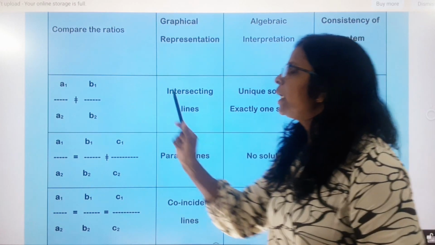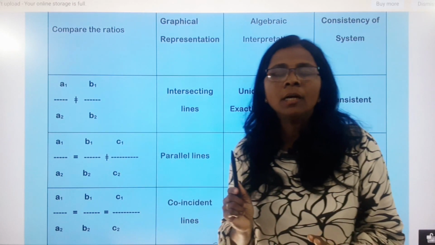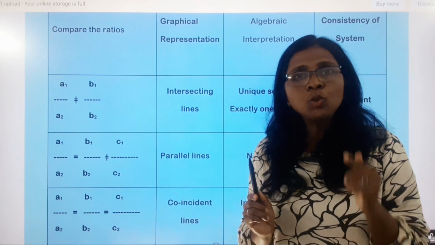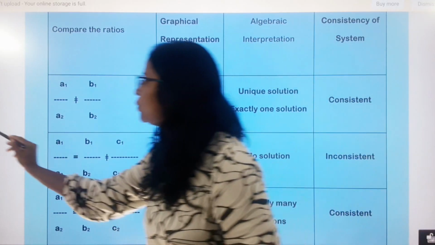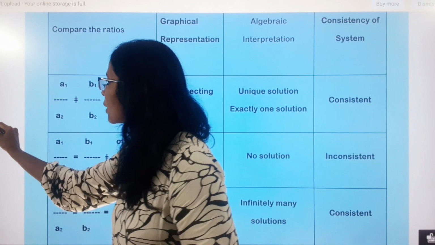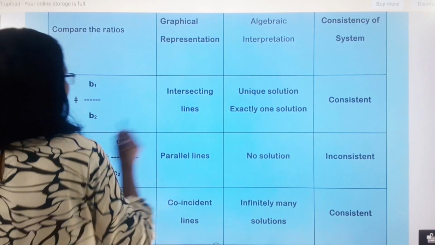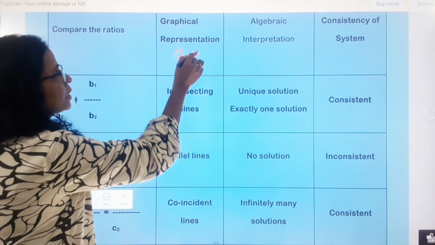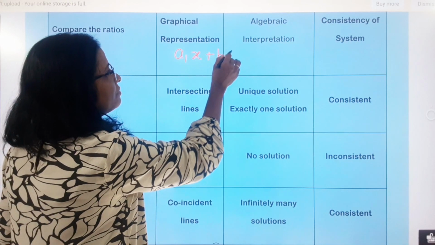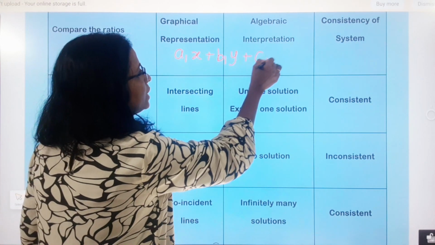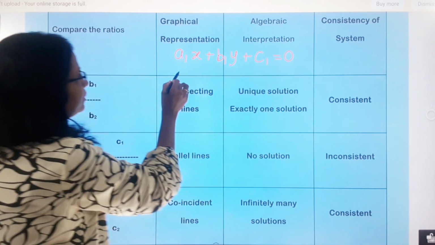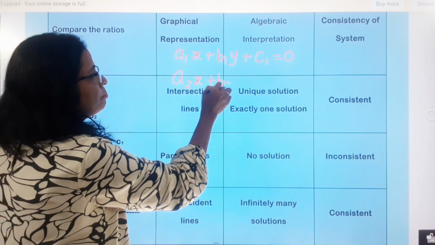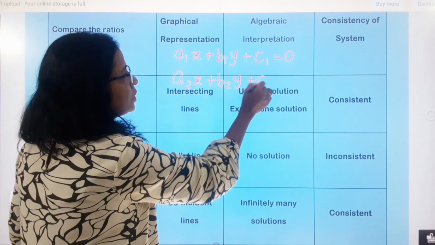So here, if there is a pair of linear equations in two variables, their general form is a1x plus b1y plus c1 is equal to 0 and a2x plus b2y plus c2 is equal to 0.